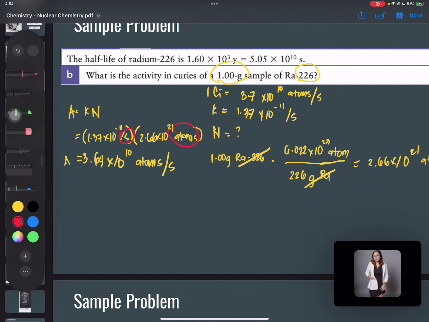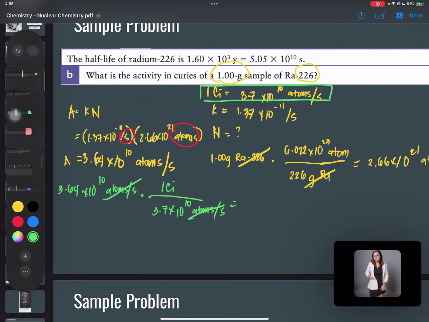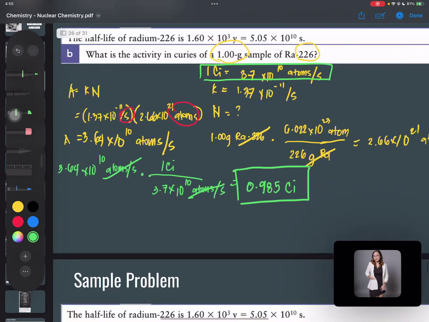Now, the question is in curies, so let's use this conversion. Converting 3.64 times 10 to the power of 10 atoms per second, according to the conversion factor, 1 curie is equivalent to 3.7 times 10 to the power of 10 atoms per second, or 0.985 curies. So this is the activity in curies. Next, letter C.